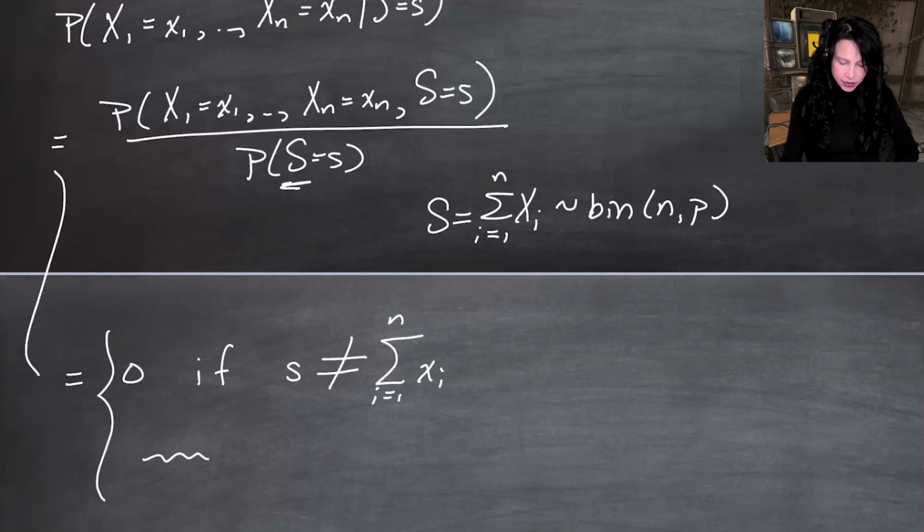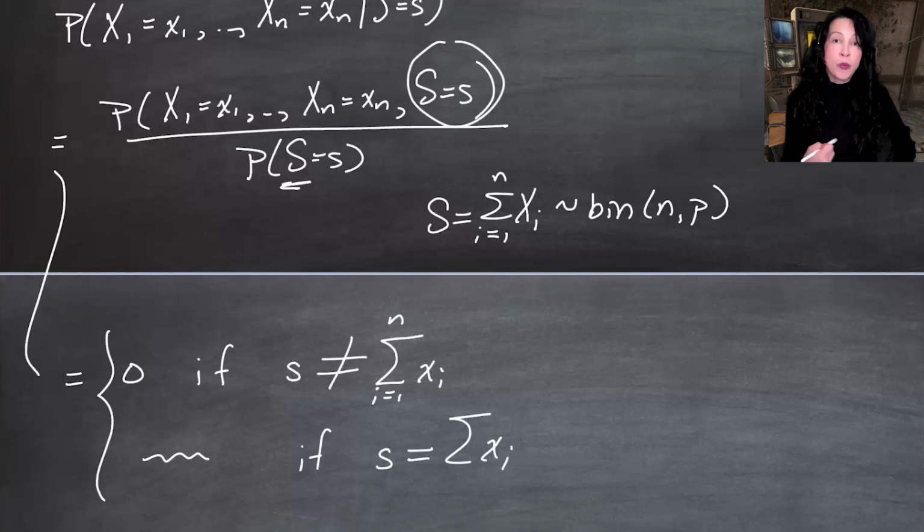And then it's something else if little s is actually equal to the sum of the little x's. In that case, this is redundant information that we can just drop, like I dropped the fact that x1 plus x2 is equal to 7.